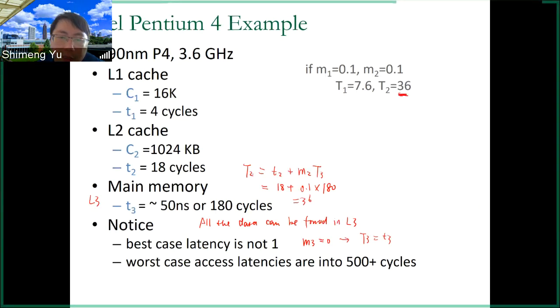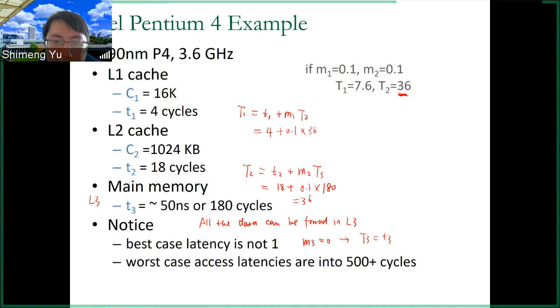Only after you get the T2 can you go to the big T1. That is T1 equals small T1 plus M1 times T2. So the small T1 here is 4, and then 0.1 times this 36.